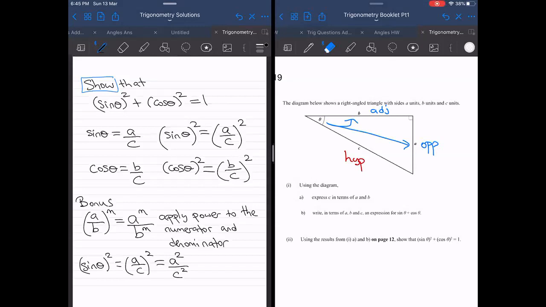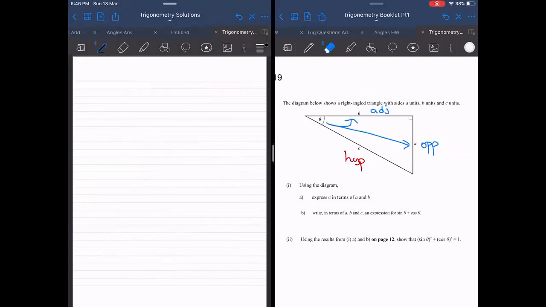All right, so we're going to finish up. So what I did, I know sine theta, so for sine theta squared, I simply just put a square around what we already knew. This part, we found from part B of the section. Okay, so I'll come back to this page and we just finish.